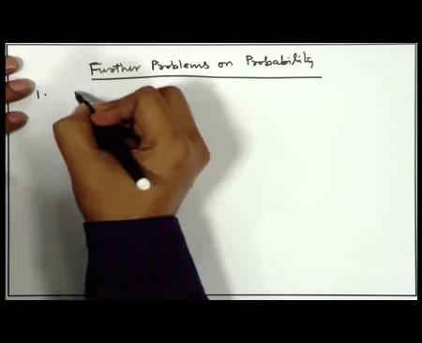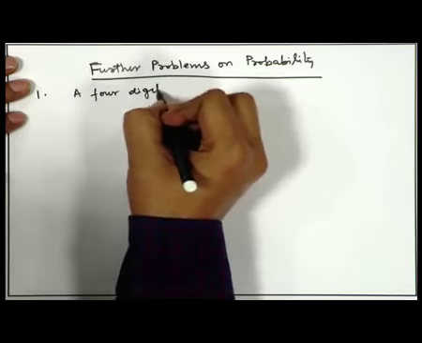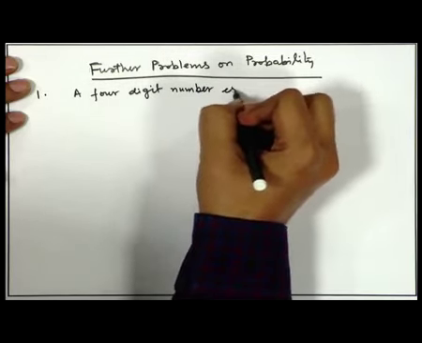I will again advise the students, please revise your concepts of permutations and combinations, because in counting many times in the probability problems we use these concepts. A 4-digit number is chosen at random.